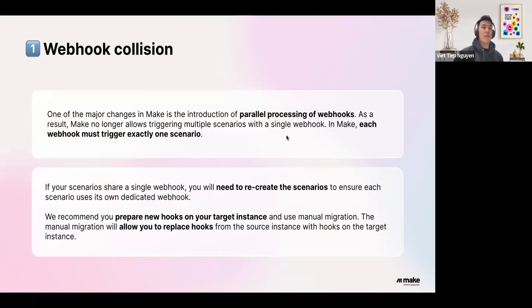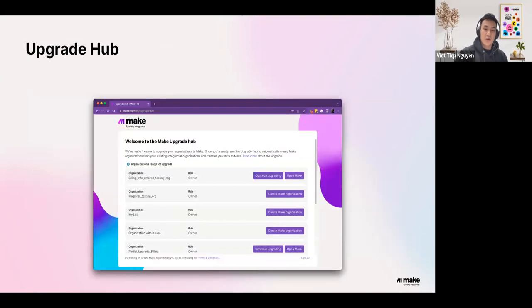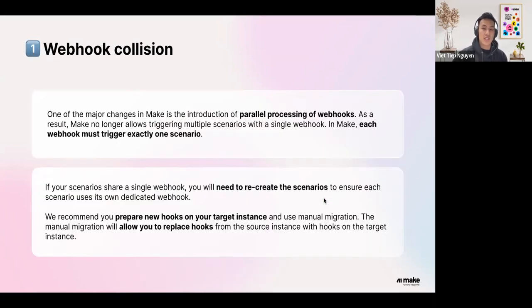This is mainly because of parallel processing of webhooks that a lot of our users wanted, and we listened to them. Therefore, a very small percentage that used duplicate webhooks or the same webhooks for more scenarios will need to change this.